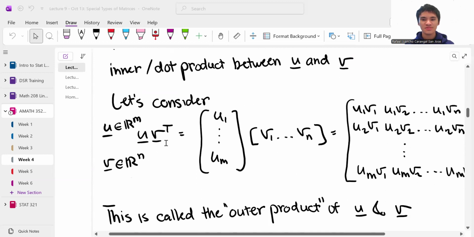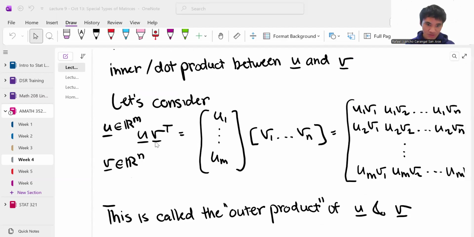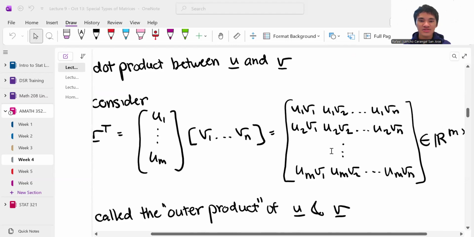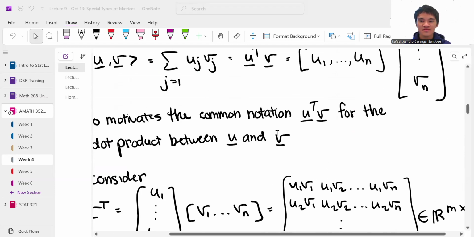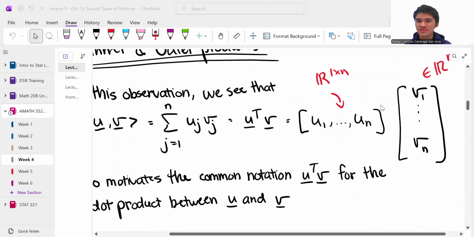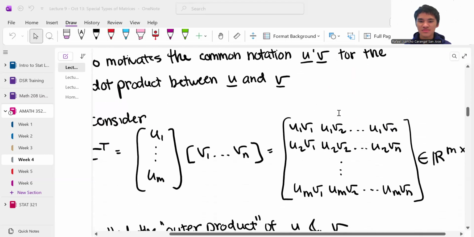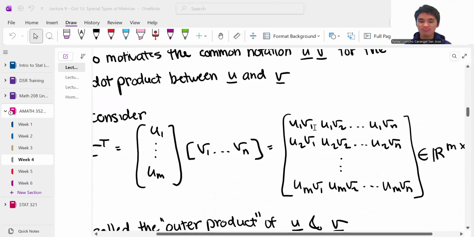What if we switch the order then? What if we do U times V transpose? Then we actually get this. So again, here we go through row by column.